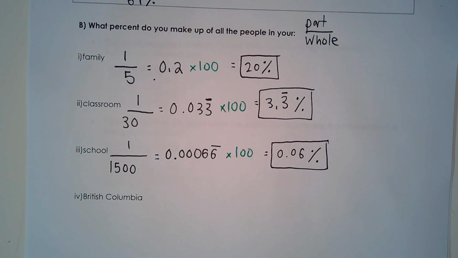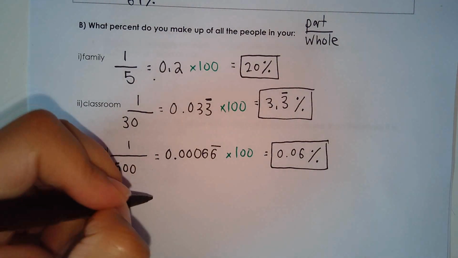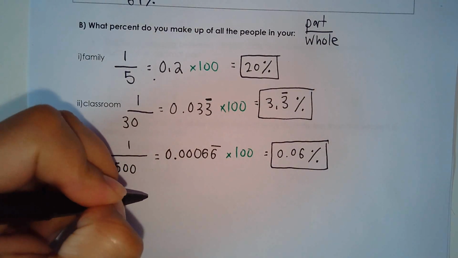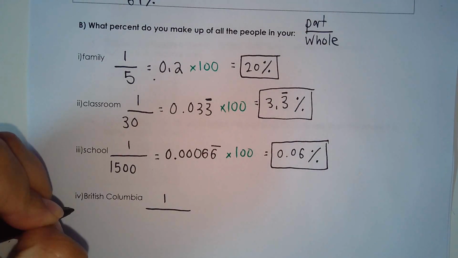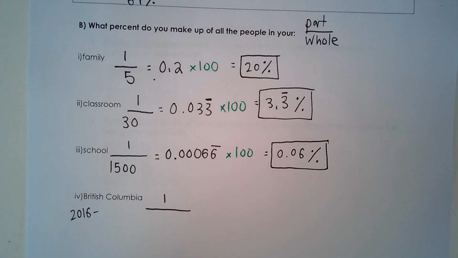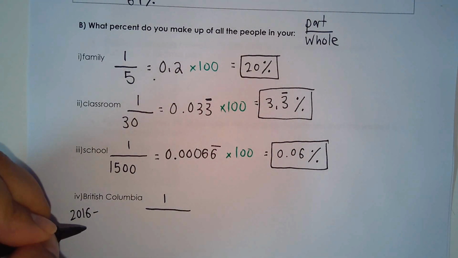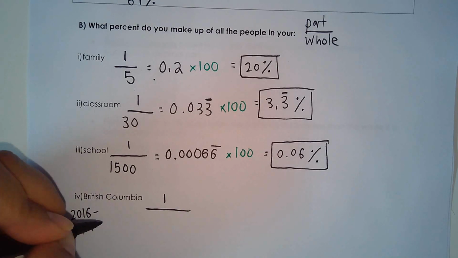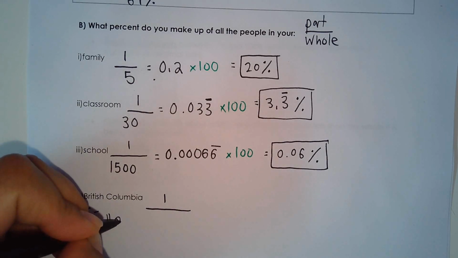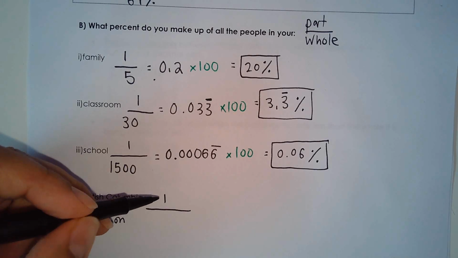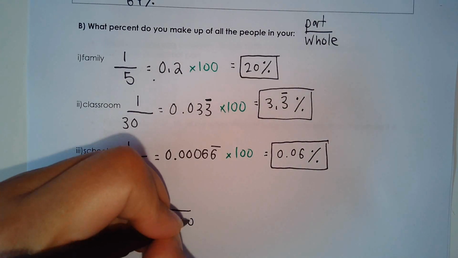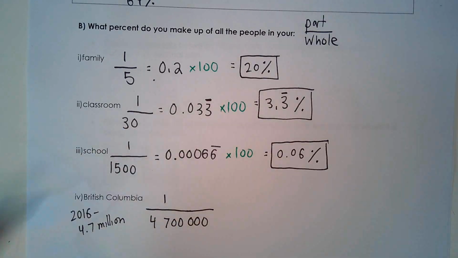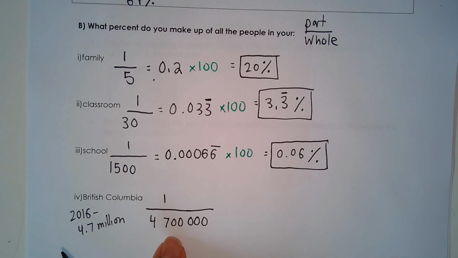Let's just do British Columbia as well. So in 2016, using data from then, we had a population of 4.7 million. So I make up 1 part to 4.7 million. So I have to write that out the long way there. Plug that into my calculator.